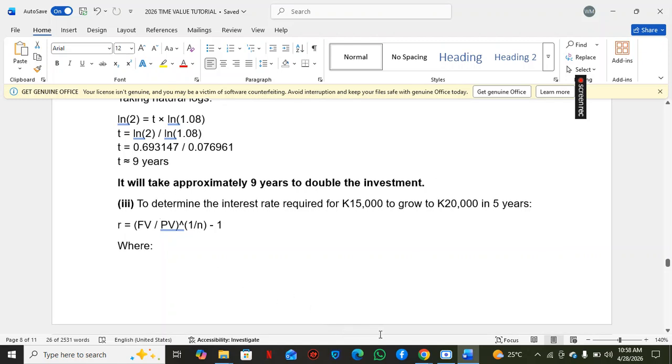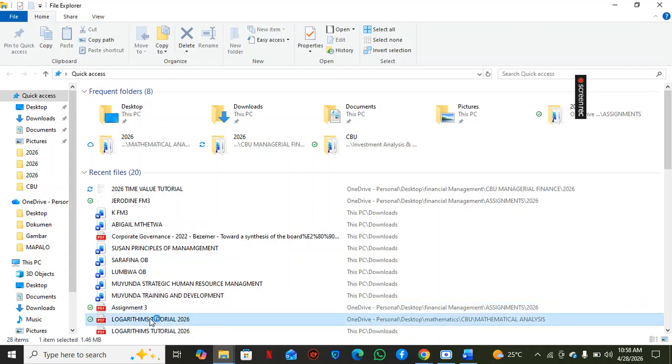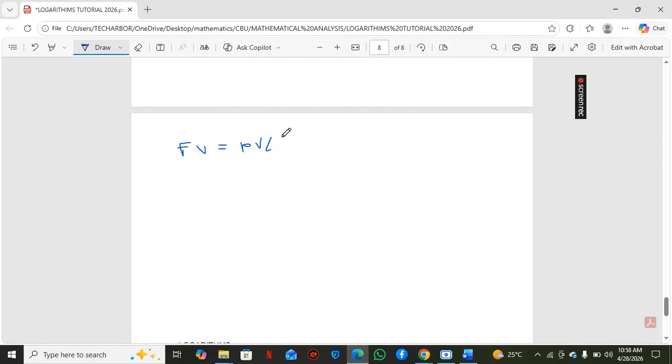let me just show you how that formula is derived. Future value equals present value times 1 plus the rate to the power n.